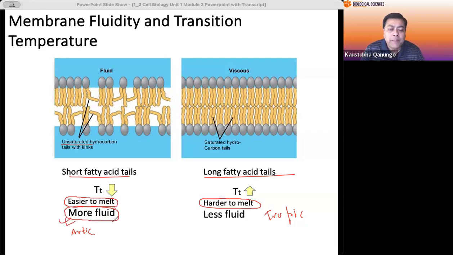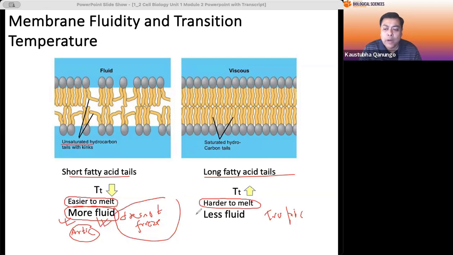They like to keep the membrane supple so that it does not freeze, so the molecules can pass. Here, you want to keep them a little more rigid, to some extent, so that they don't melt, which would compromise the integrity of the cell.